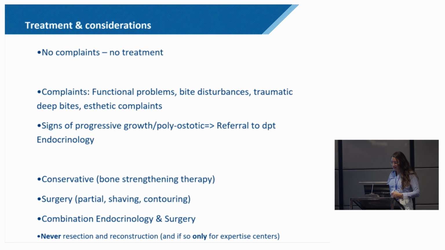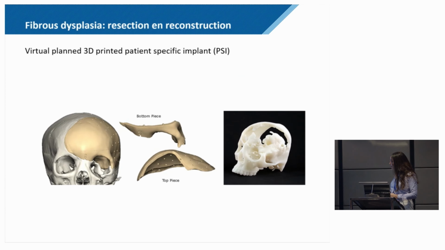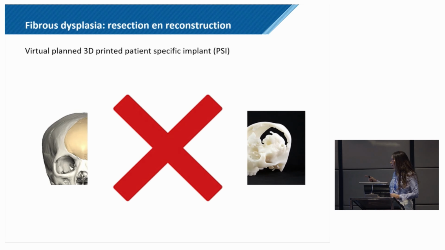There's never an indication for resection and reconstruction, so full resection of the lesion, because sometimes you find these pictures in literature with very severe cases of fibrodysplasia lesions, and then you have surgeons that think that you can remove everything and then just plan a 3D implant, but this is just not an option, in my opinion.